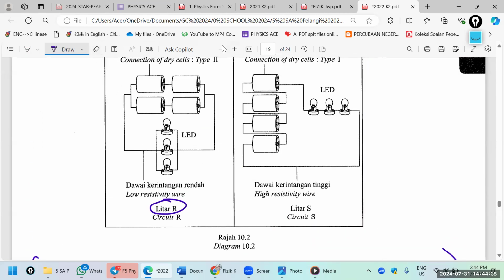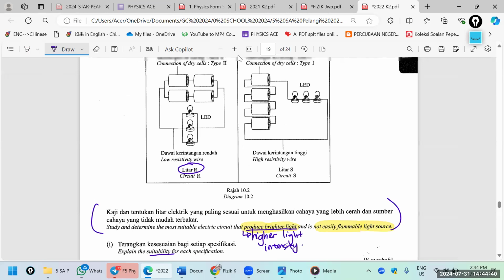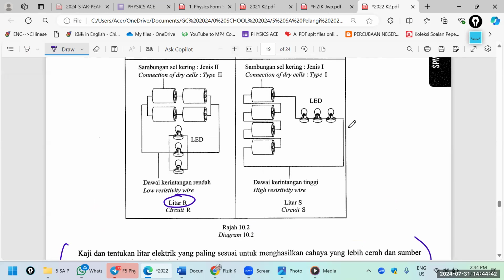In SPM, if you want to answer 2 questions, can. They will choose the one with higher marks. But in the trial, please don't do that, we have short time to mark only.